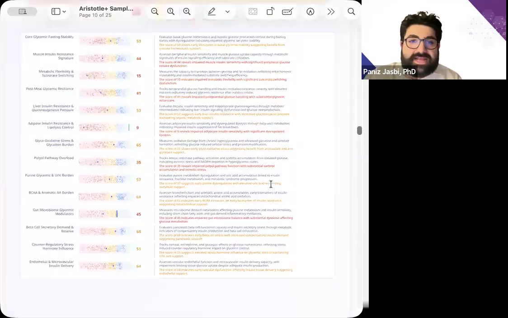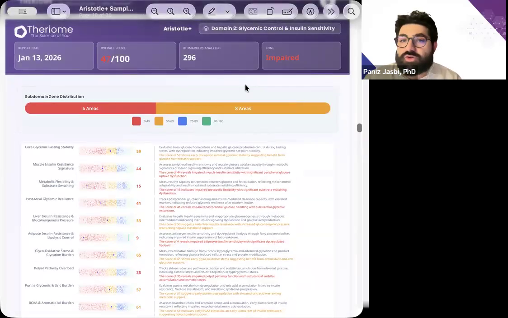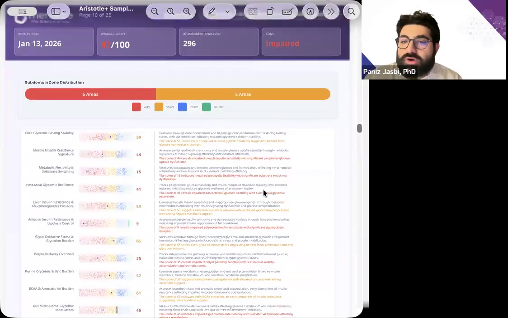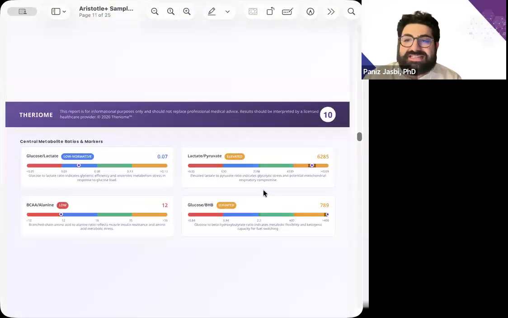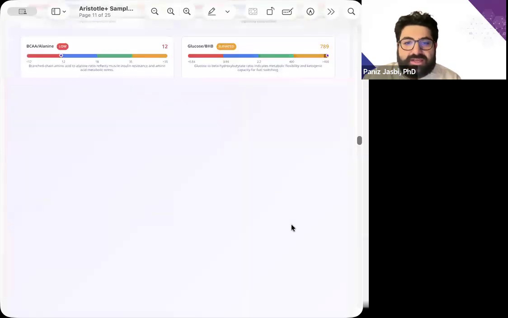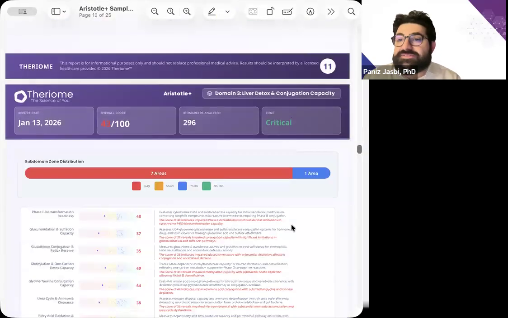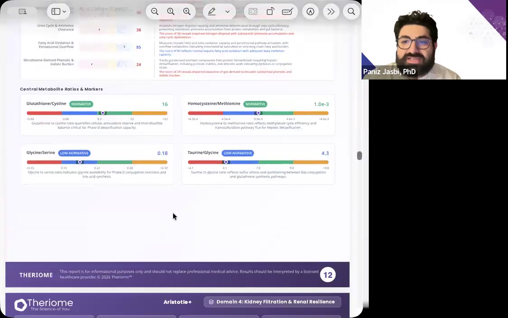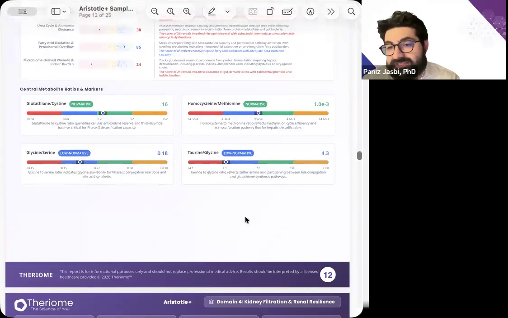For example, if we look at the glycemic control domain here, domain 2, the report includes central ratios like lactate to pyruvate and glucose to beta hydroxybutyrate, which inform metabolic flexibility and mitochondrial coupling. If we go to the liver detox domain, ratios like glycine to serine and taurine to glycine help you think about conjugation capacity and amino acid partitioning.